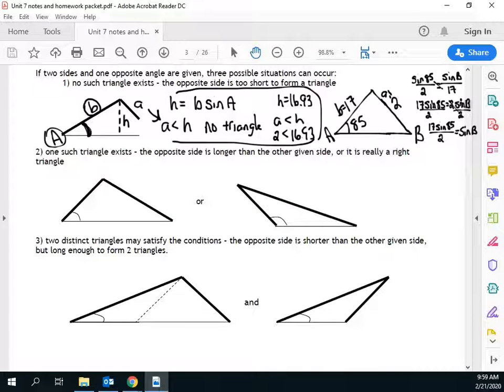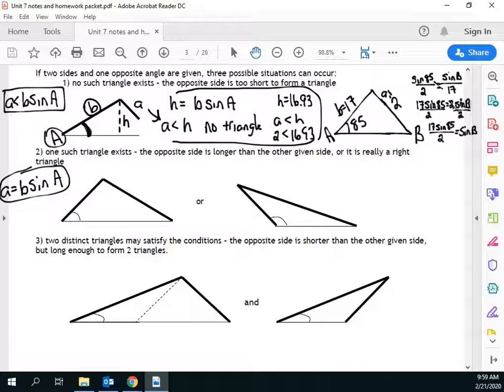If side A is less than B sine A, then you have no triangle. If A is equal to B sine A, then you have one triangle.